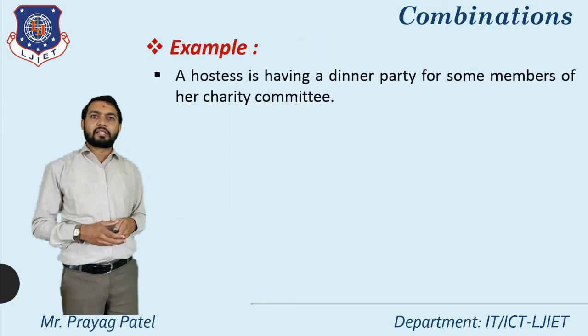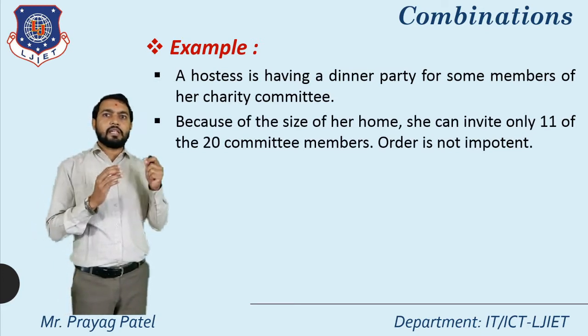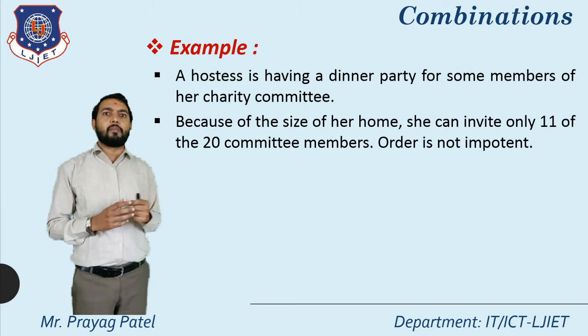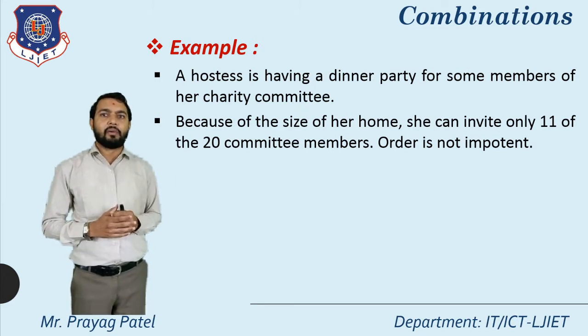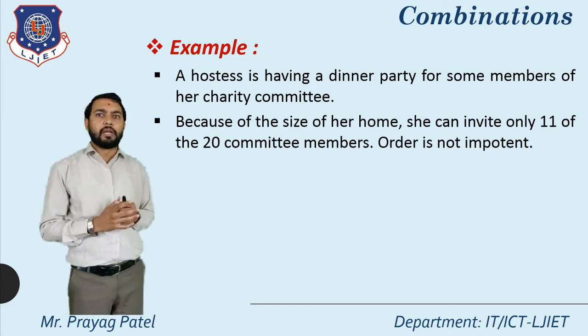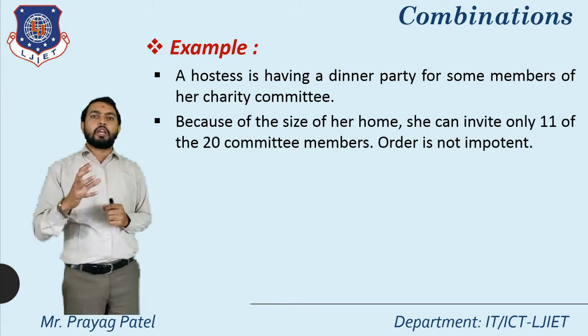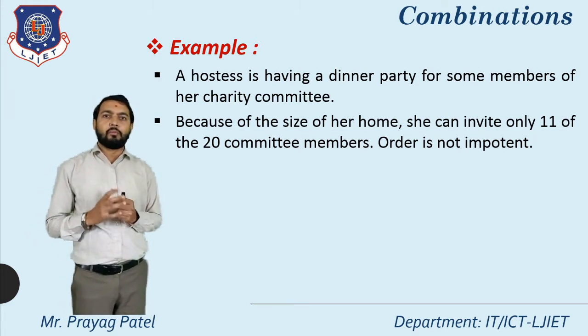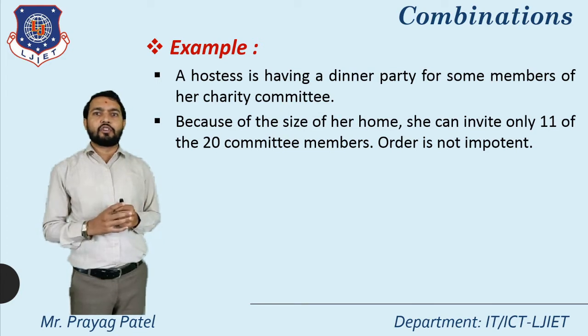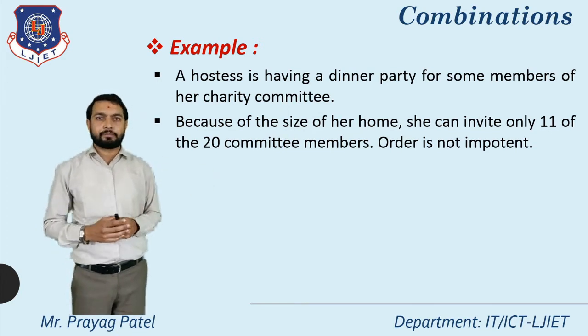Now consider some examples of combinations. The first example: a hostess is having a dinner party for some members of her charity committee. Because of the size of her home, she can invite only 11 of the 20 committee members. So there are 20 committee members in total, but she invites only 11 out of the 20.